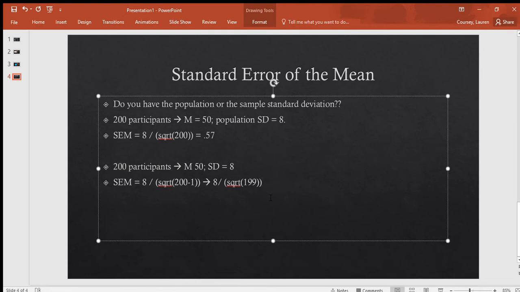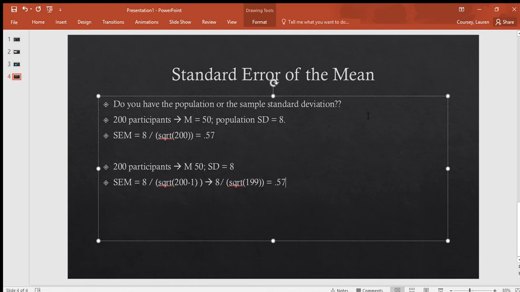It shouldn't change it much, but let's take 8 divided by the square root of 199. And this time we get that our value is 0.57.